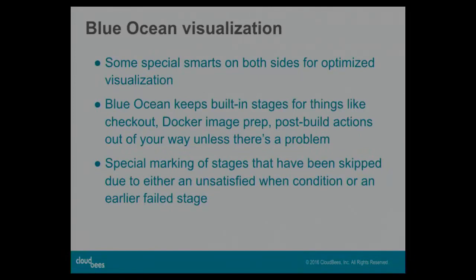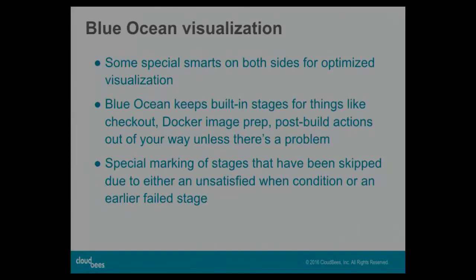And as I also mentioned, we've got special marking of stages that have been skipped due to either an unsatisfied when condition or a failure in an earlier stage, so that those will show up differently in Blue Ocean. You'll be able to see, okay, this stage didn't run because there was a when condition that was not met. I think it's gray, but don't quote me.